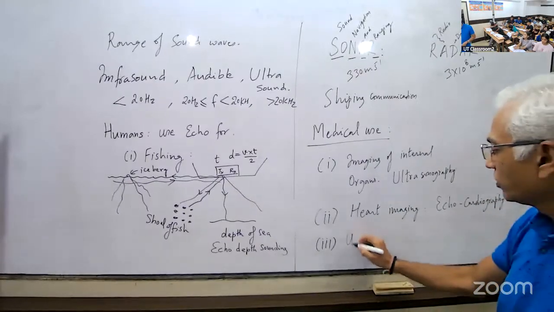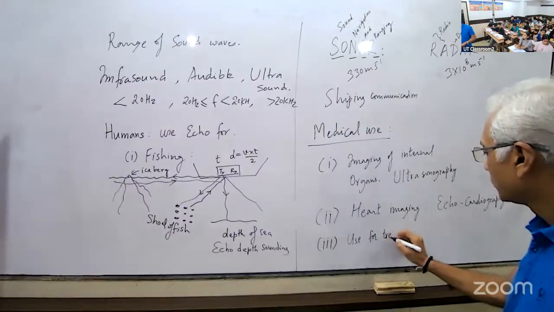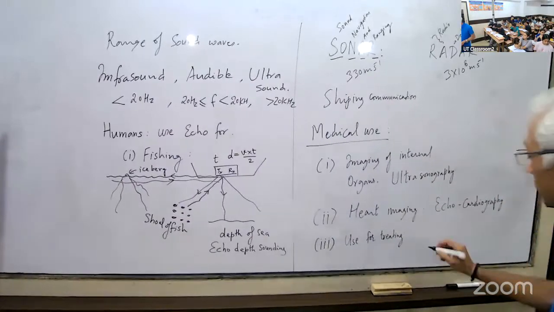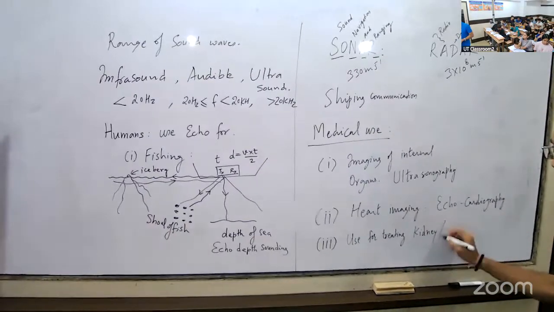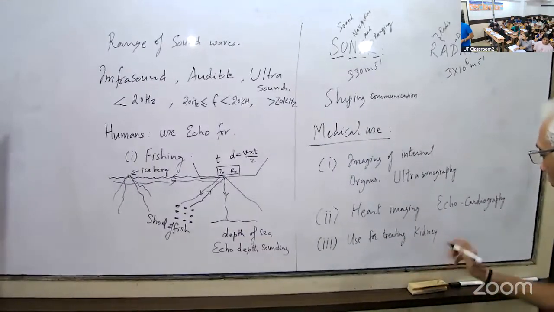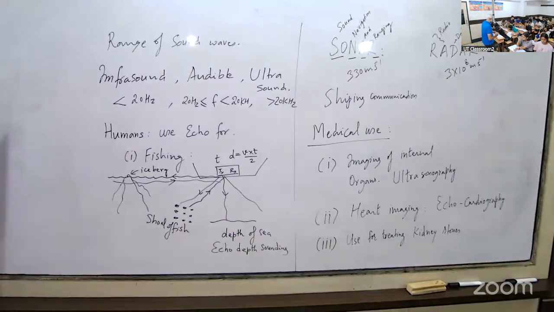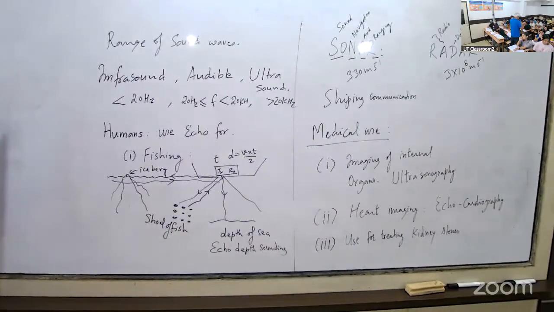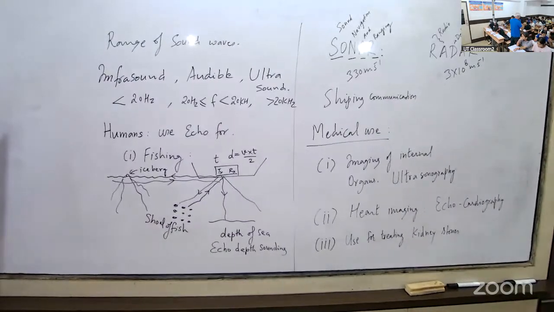And lastly, if there are kidney stones, the ultrasound is directed on the kidney stones and through the vibration, it breaks them into granular pieces, then it comes out with urine.